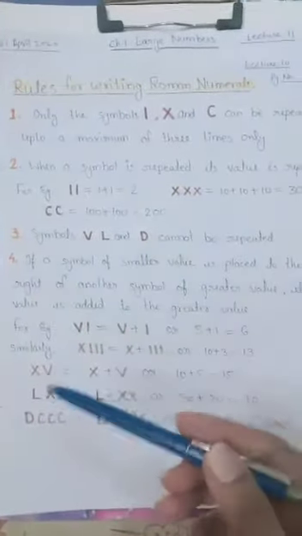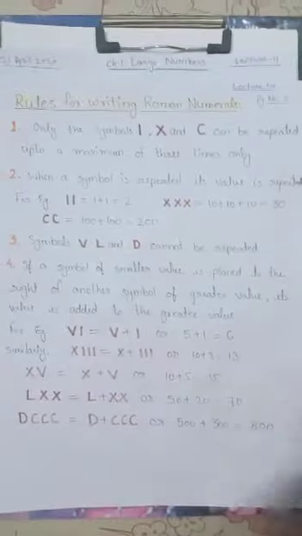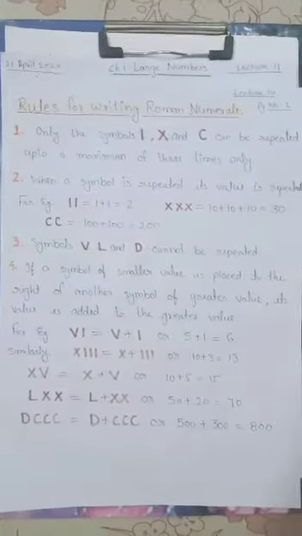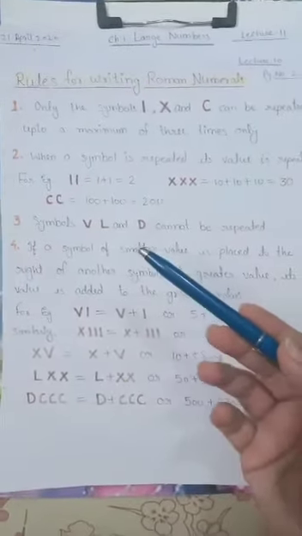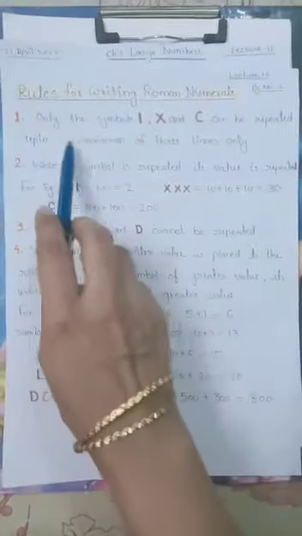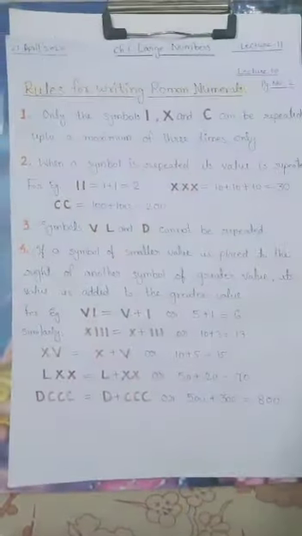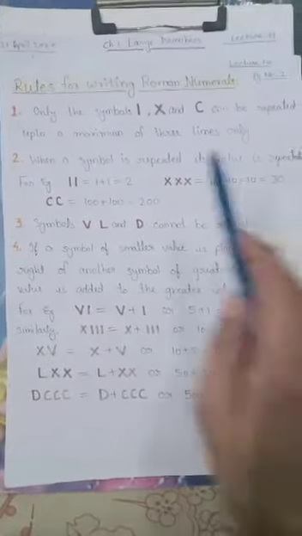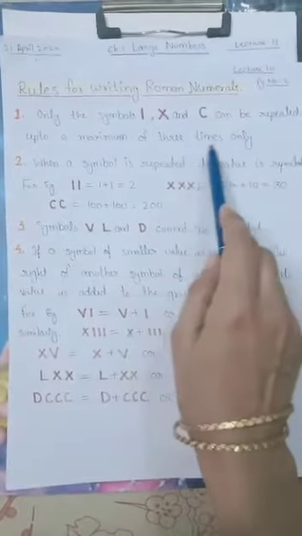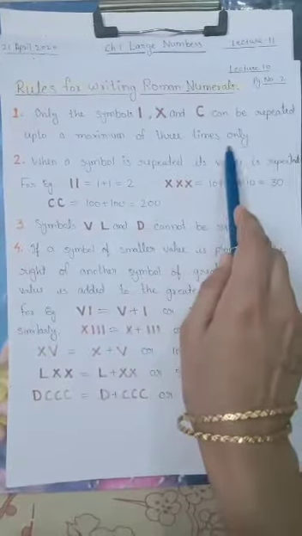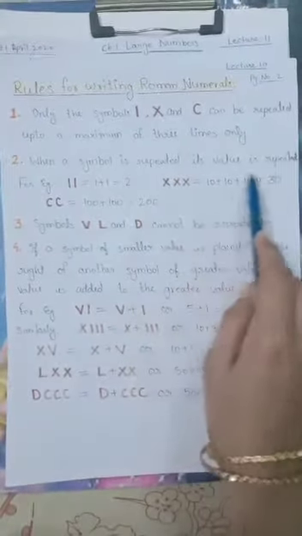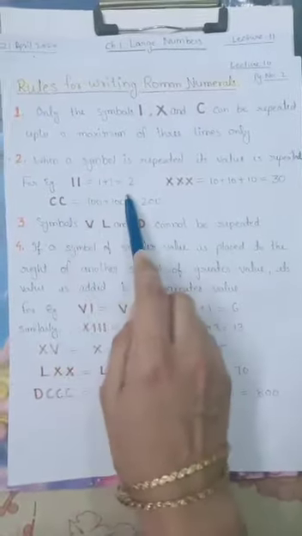Now come to the next topic. We discussed 4 rules for writing Roman numerals. Let me remind you again, very briefly. Only the symbols I, X and C can be repeated, up to a maximum of 3 times only. When a symbol is repeated, its value is also repeated.